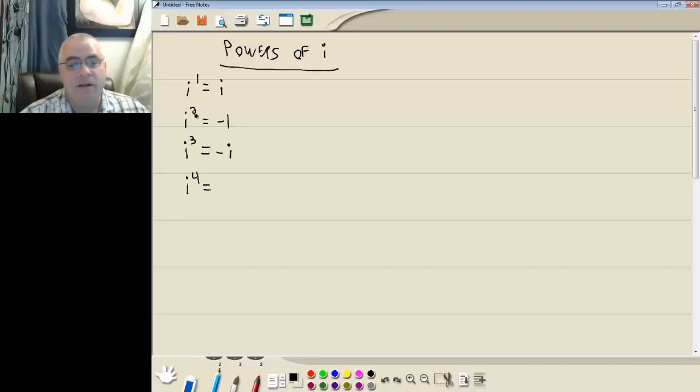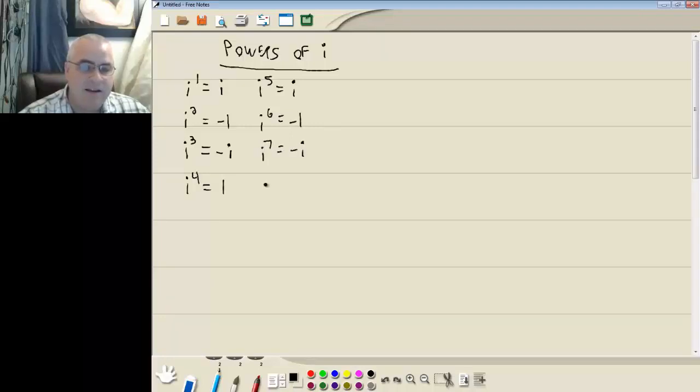i to the fourth. Well, i squared times i squared would give us i to the fourth, and negative 1 times negative 1 would give us a positive 1. Now we could continue with that, but what we're going to find is this repeats in groups of 4. And I'll talk more about what I mean here in a second.